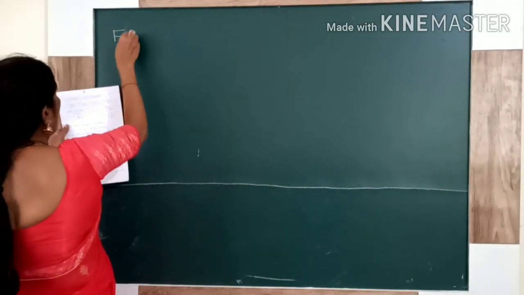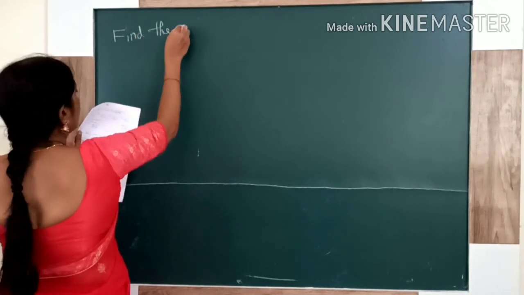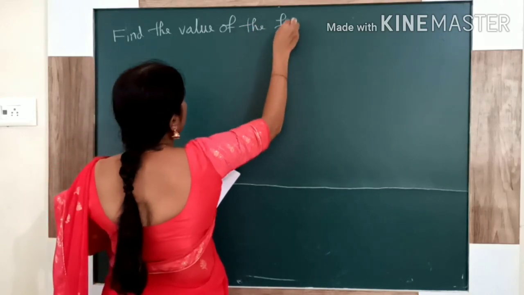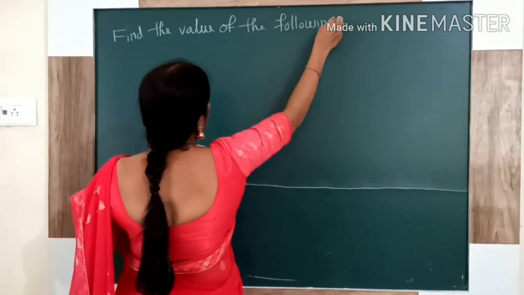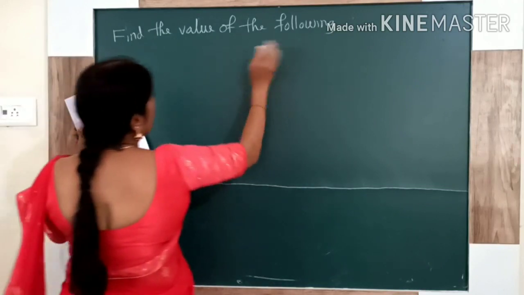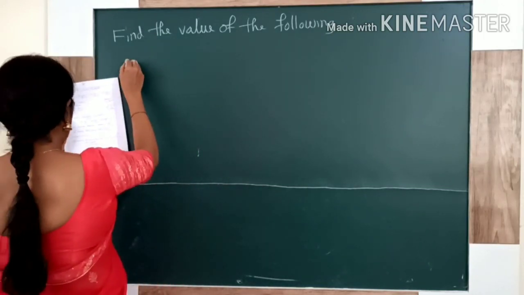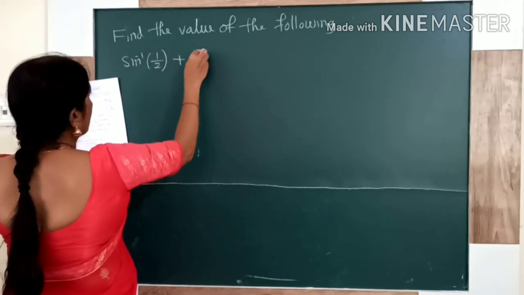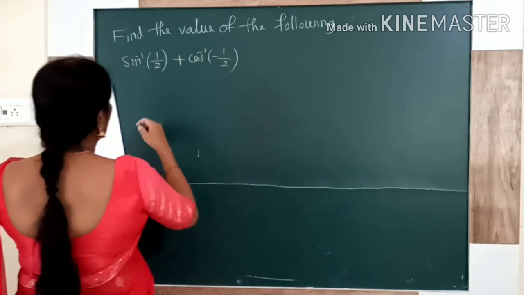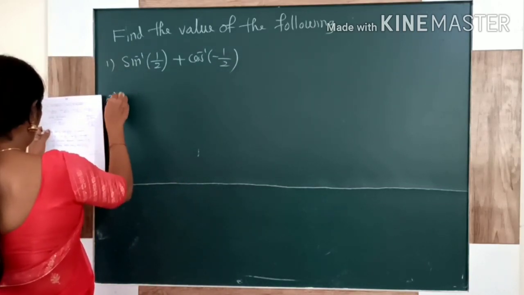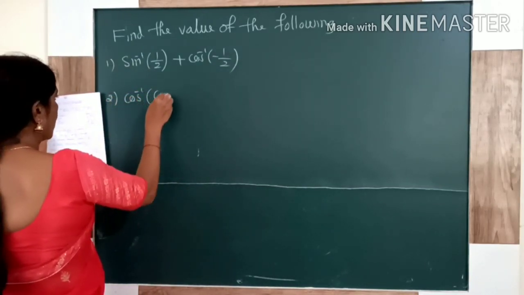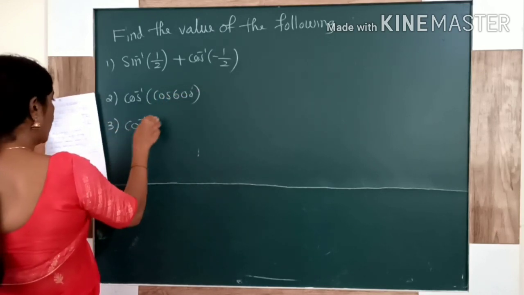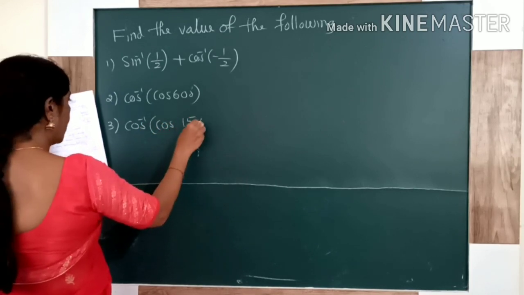Find the value of sin inverse 1 by 2 plus cos inverse minus 1 by 2, cos inverse of cos 600, cos inverse of cos 1540.